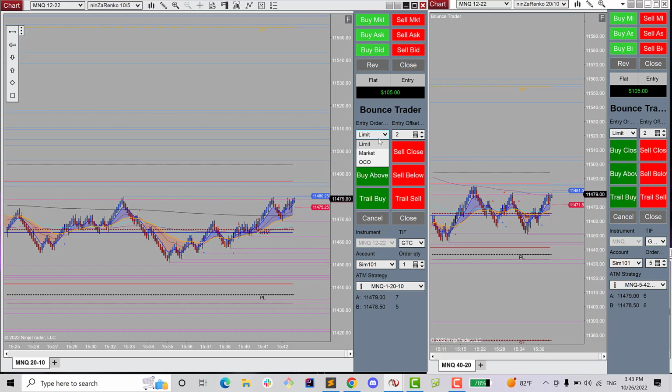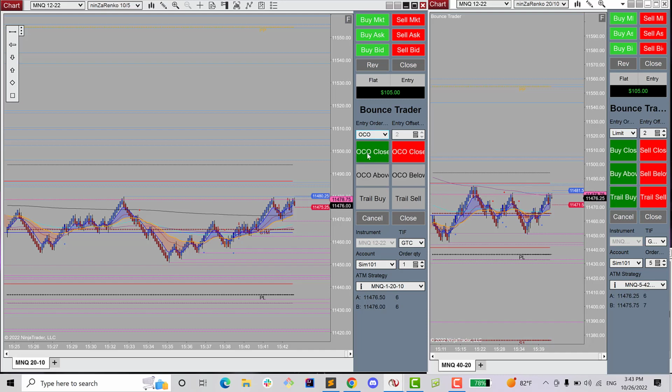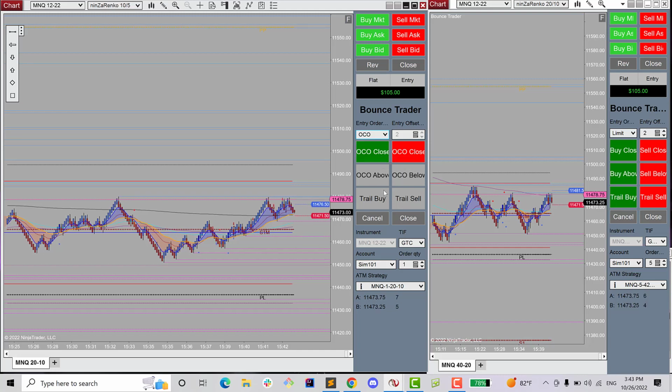Now let me show you how OCO works. So OCO close, this button and this button, they technically work the same way. You can click any one of them, they will work the same way. These are grayed out because they wouldn't make sense.